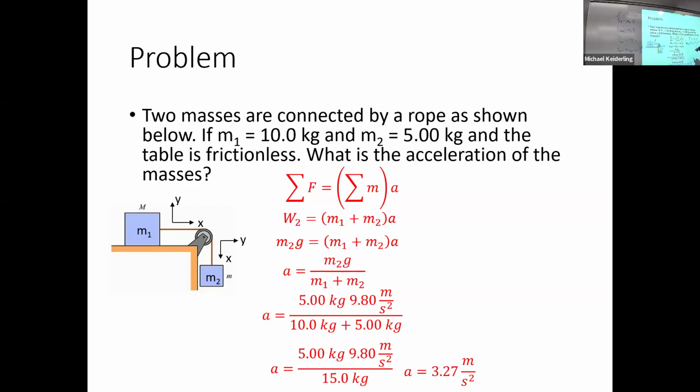And if you add these equations together, you get weight 2 equals mass 1 plus mass 2 times acceleration. So you could treat them as a system, or you can write a system of equations and solve the system of equations for acceleration. Both are viable.